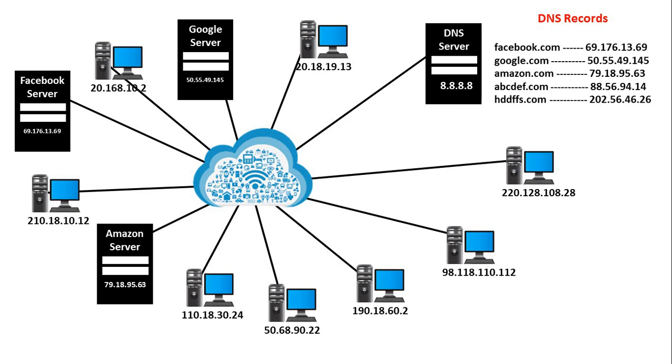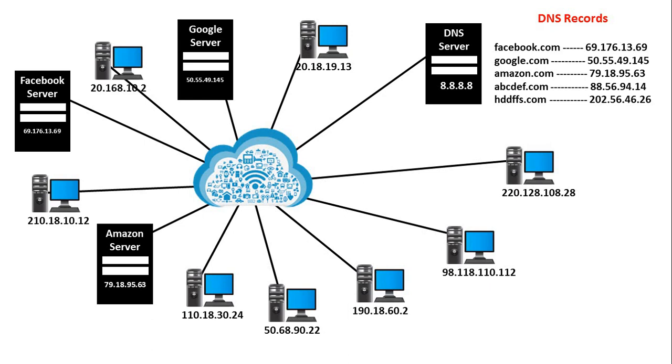So we will type in our browser, let's say, facebook.com. This request will first go to the DNS server, which is connected over the network. The DNS server has a database where all the domain names are written along with their associated IP addresses.